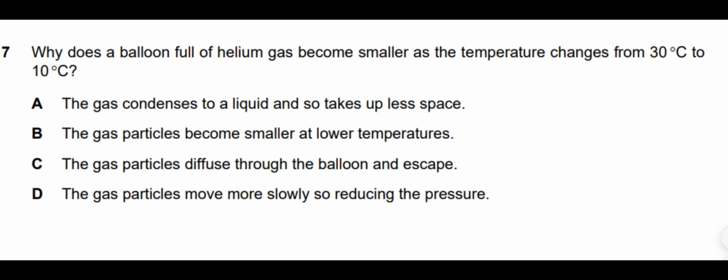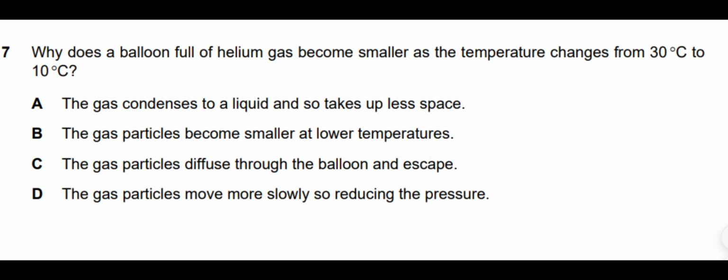Let's look back at the alpha option. The gas condenses to liquid and so takes up less space. In the question, we know the temperature is decreasing, but helium is still in the gaseous form because the question doesn't mention that the state is changing. So the balloon is full of helium gas, though the temperature is decreasing, the state is not changing because helium does not condense at 10 degrees centigrade.